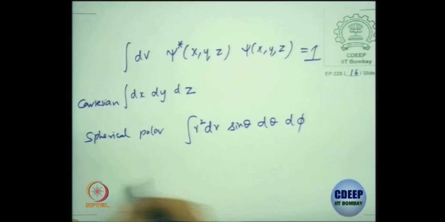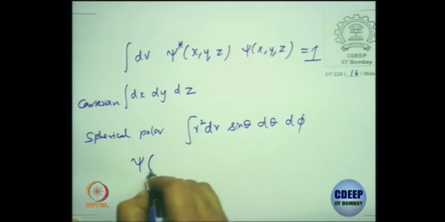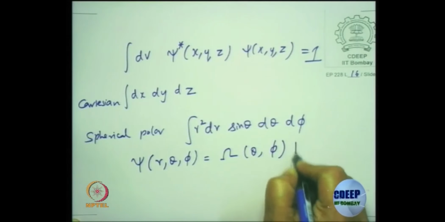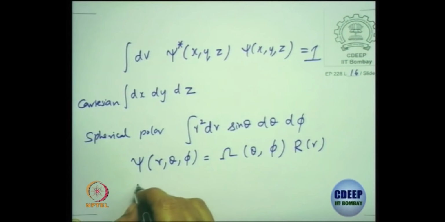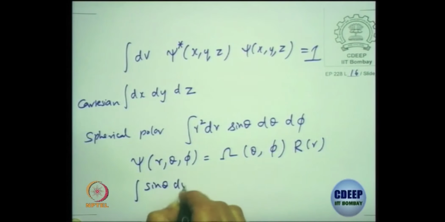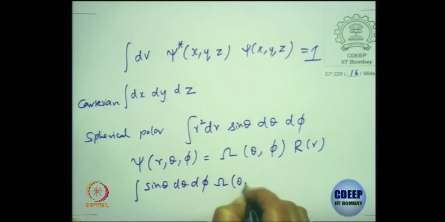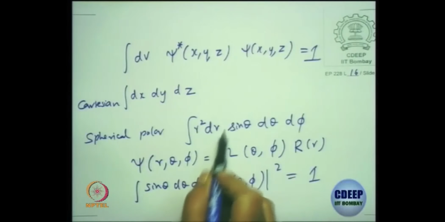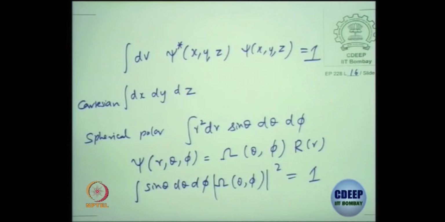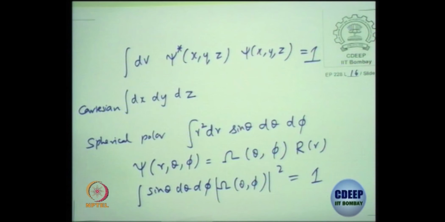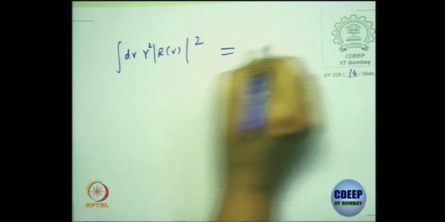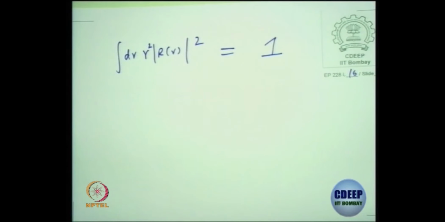So now I am trying to say that if you write your psi as a function of r theta phi as omega theta phi times R of r, then integral sin theta d theta d phi mod omega of theta phi squared should be 1. What about r squared? Mod R squared will be multiplied by this piece. Okay, so you will have mod R of r whole squared dr r squared. This is purely coming from the Jacobian.